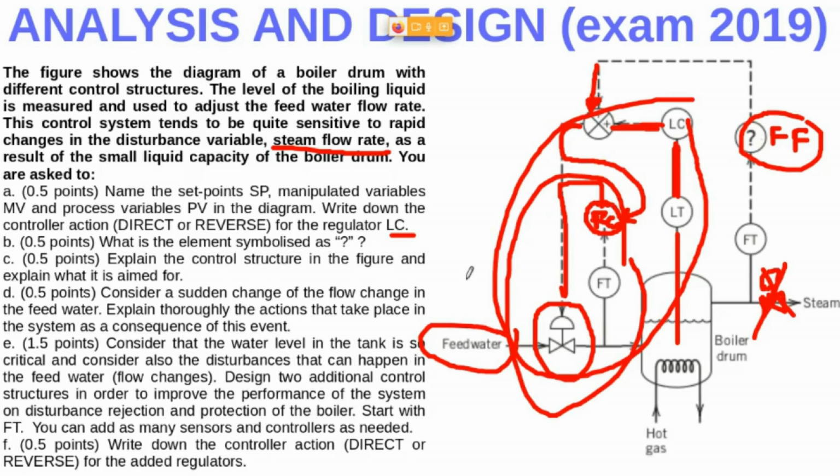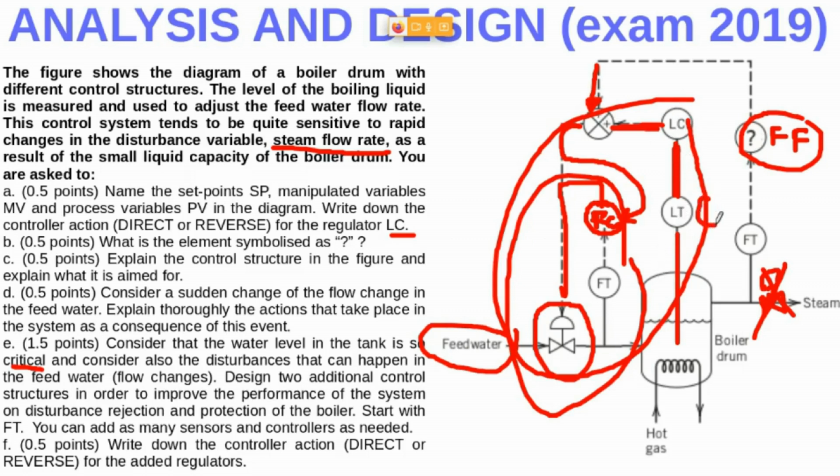Here, the disturbance will be rejected by my cascade proposal, right? But the keywords here are that the water level in the tank is so critical. So let's think about this level transmitter. If it fails, at the end, the system will be damaged because this control will not work properly, right?